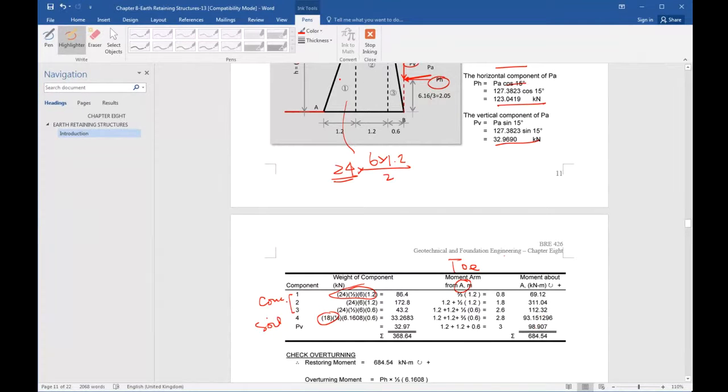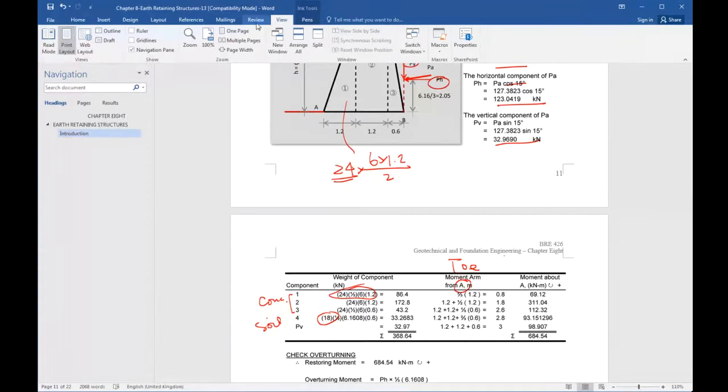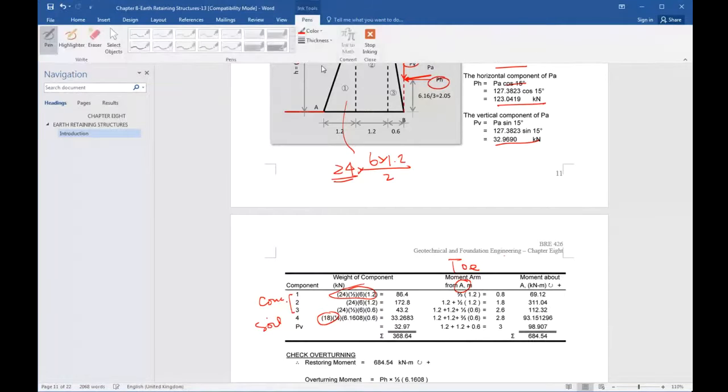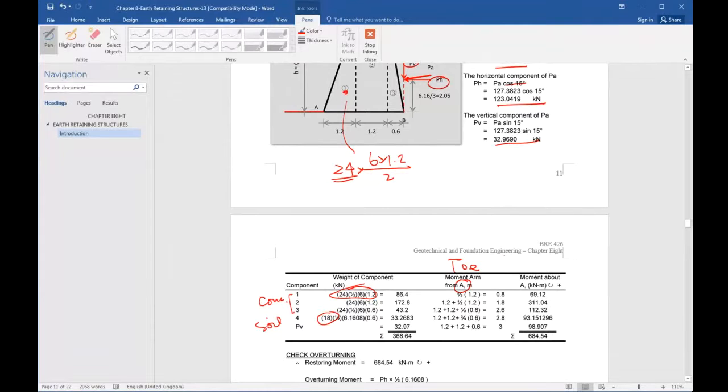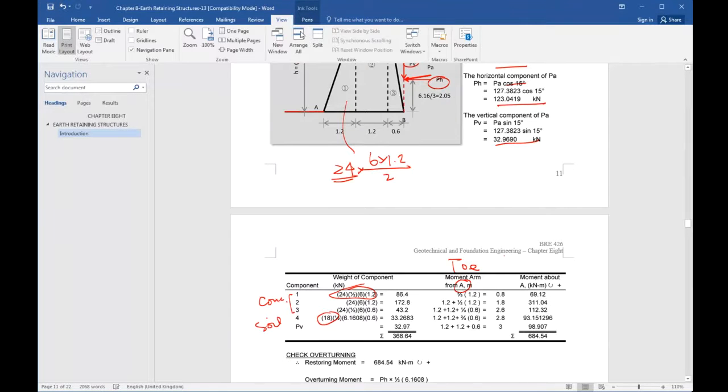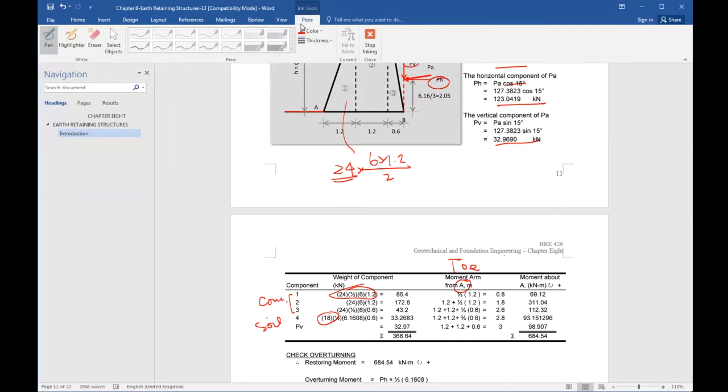So if you want to calculate the moment about this toe, what's the distance here?